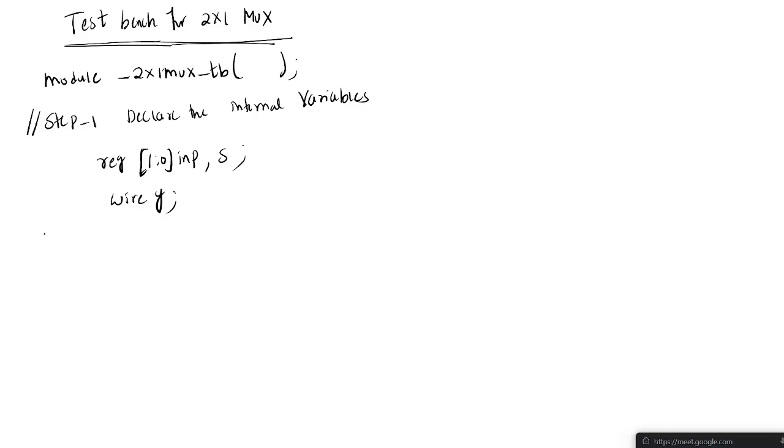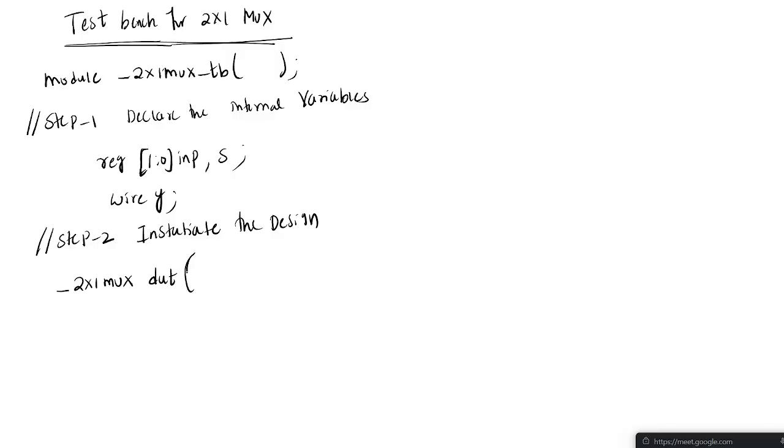And step 2, you need to instantiate the design. Whatever the design name is, you need to instantiate. So what is my design name? Ash underscore 2 cross 1 mux. Let us take my instance name as dut, design under test.